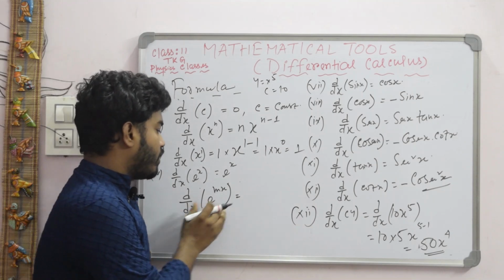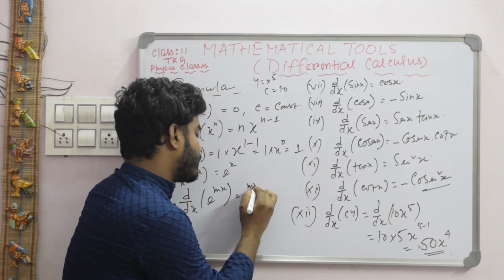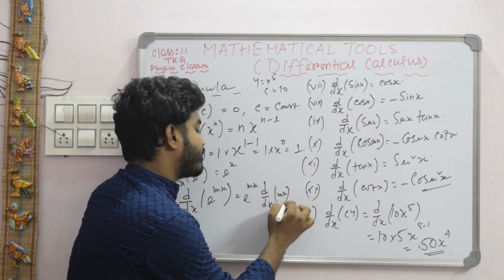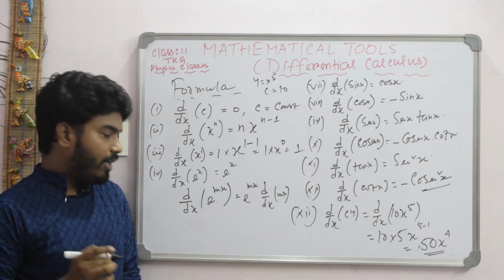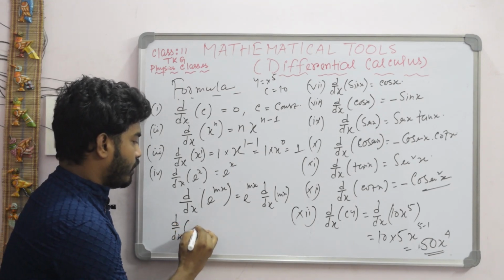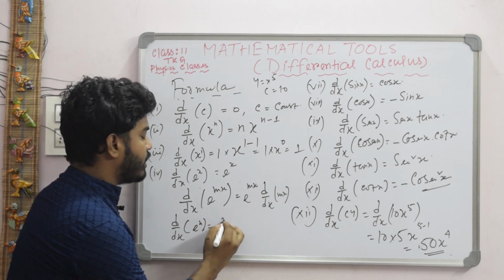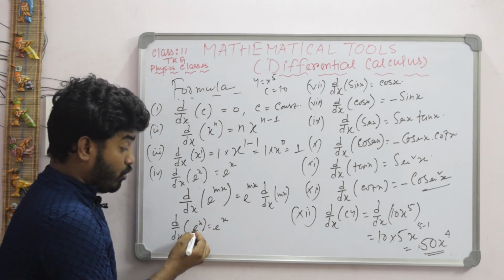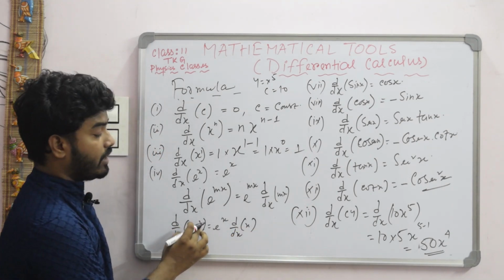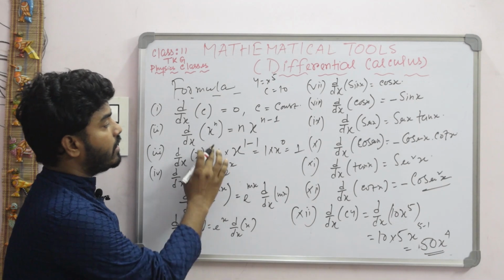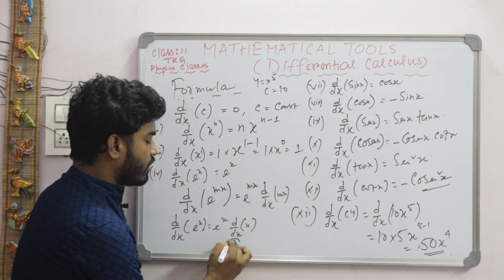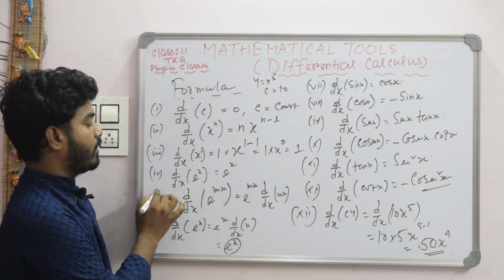So first of all, this will be e to the power mx. Again you have to differentiate mx. If there is d/dx of only e to the power x, the answer is e to the power x into d/dx of x, and you know the result of d/dx of x is 1. So in this case we can write only e to the power x.